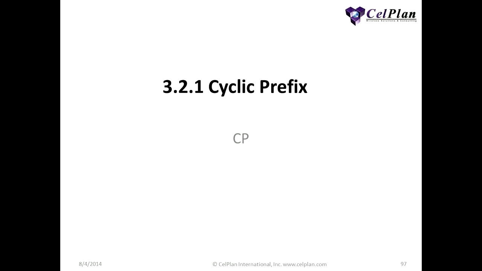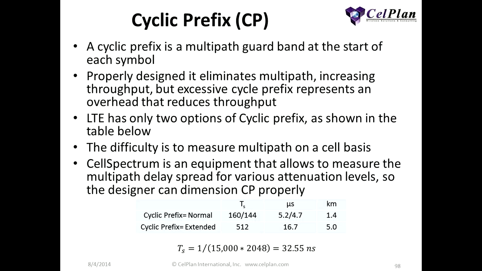The first one looks like the simplest one, but probably is one of the tougher ones, the cyclic prefix. You know already what the cyclic prefix is. I will not explain it, but basically it is where the multipath is mitigated, the multipath guard band.